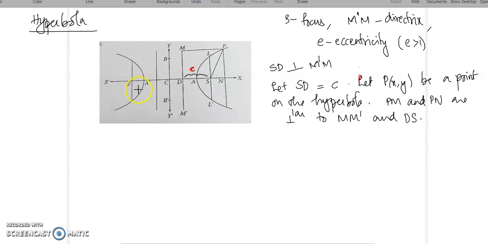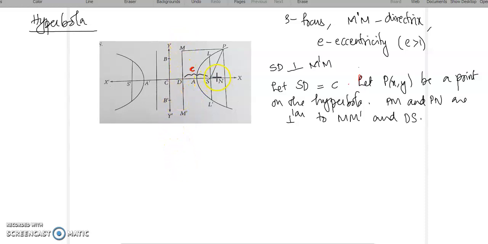So let us consider the curve of the hyperbola. So this is the curve of the hyperbola, and the hyperbola has two foci. So S and S dash will be the foci, and here this line MM dash will be the directrix.